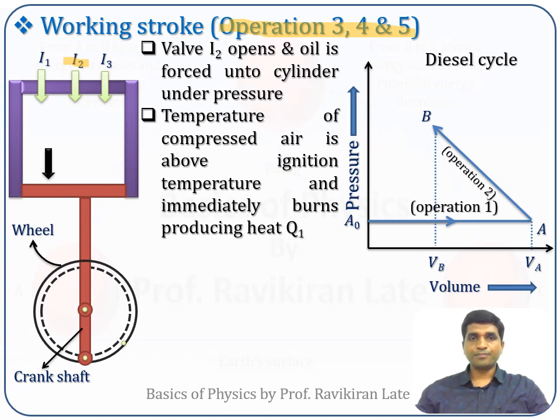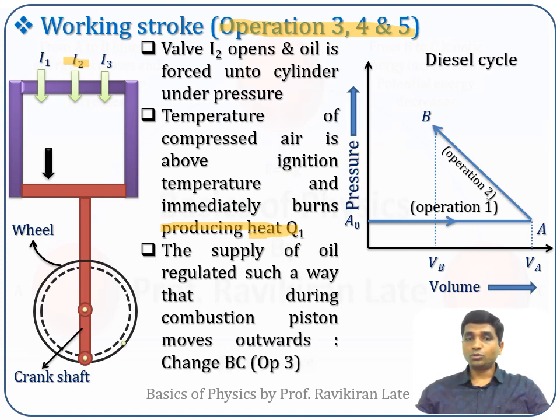of vehicles. As the temperature of the compressed air is above the ignition temperature of the oil, the oil immediately burns, and due to that heat is produced. This piston will be moved in the outward direction due to the sudden explosion of the fuel oil.